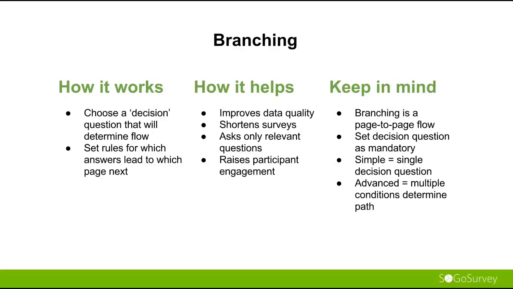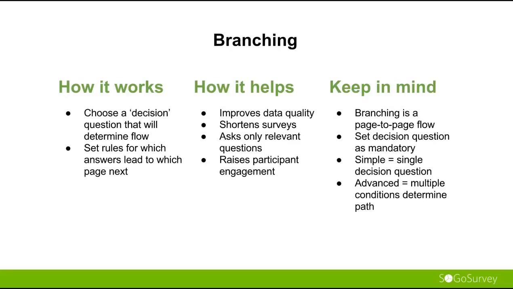And finally, about branching, we've looked here just at an example of a simple branching style, so that decision is based on one specific question. Yes, you go here. No, you go here. But you also have the ability to set up what we call advanced branching, which means that you're choosing multiple conditions that will decide a participant's path.